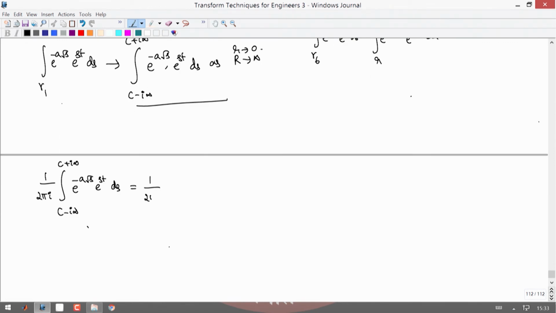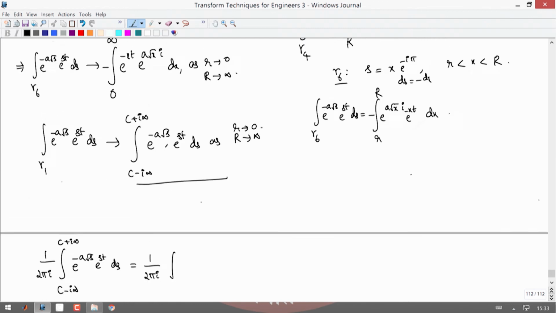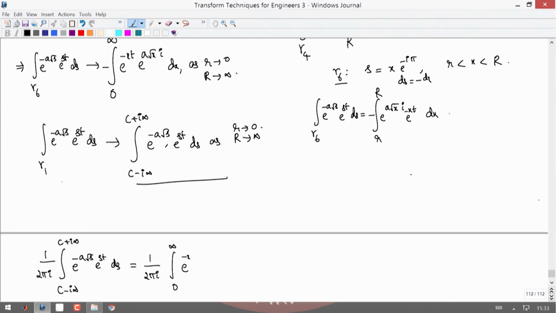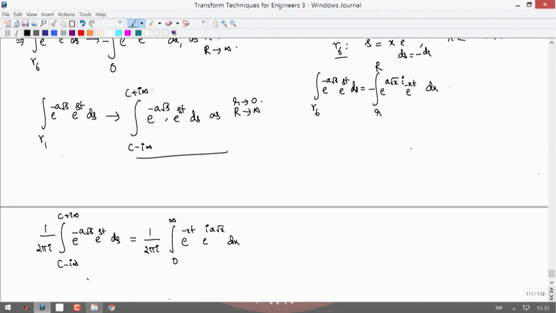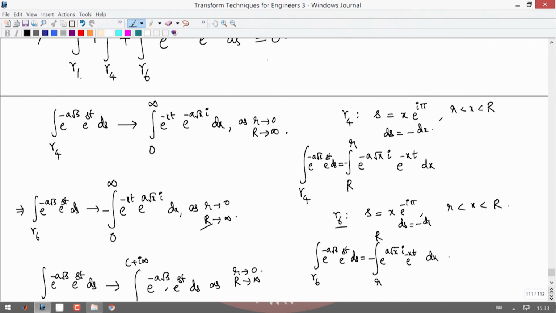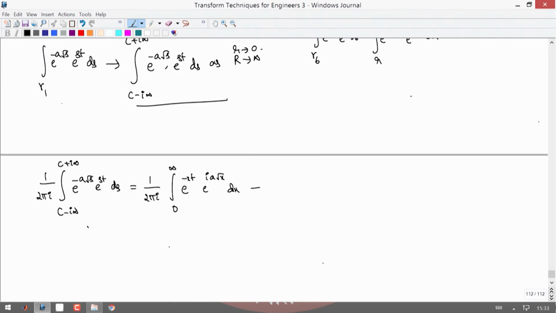So that is going to be 1 by 2 pi i times the integral over gamma 6, that is 0 to infinity, e^(-xt) times e^(i a√x) dx, and the other one goes to the other side as minus 1 by 2 pi i common, because I multiplied all three quantities. So you have here also 0 to infinity e^(-xt) e^(-i a√x) dx.